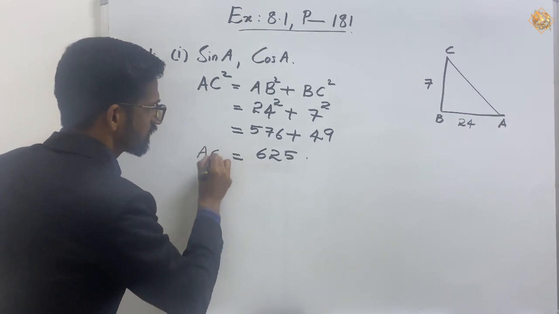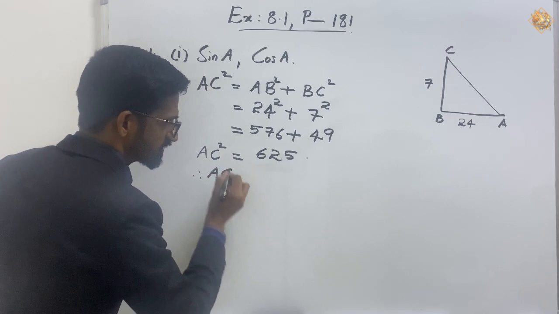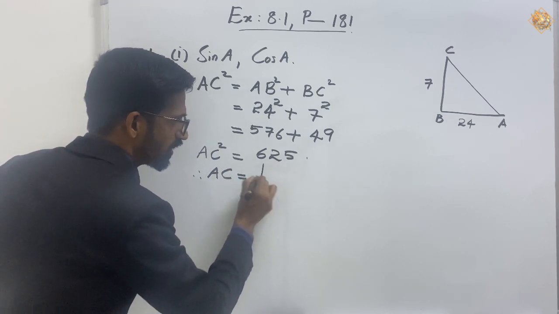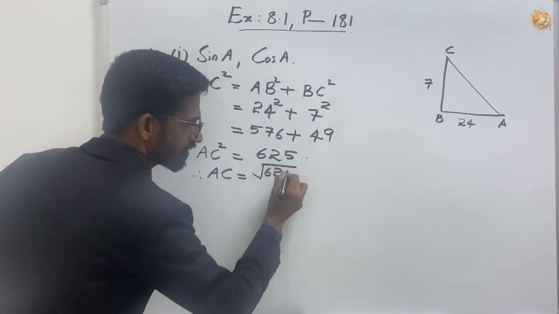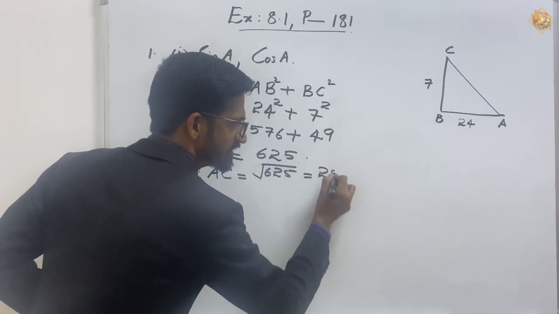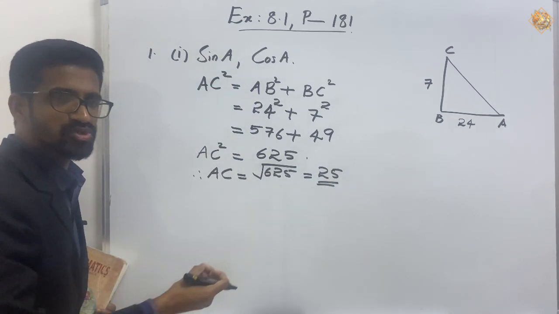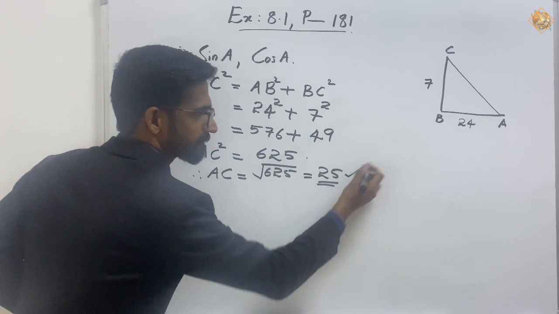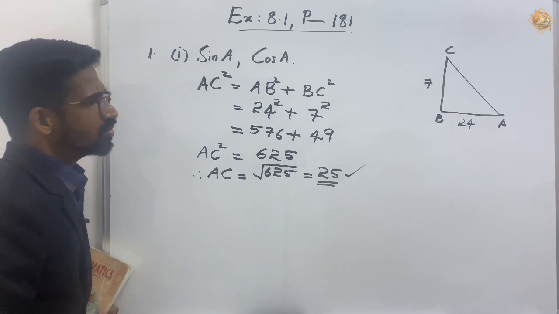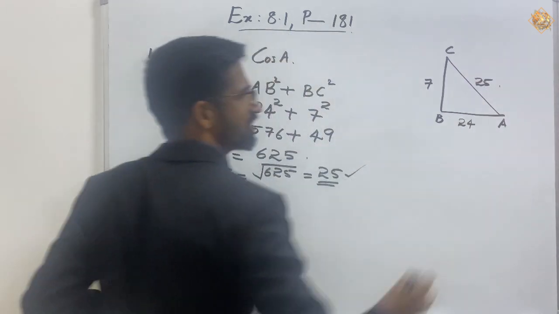AC square is 625, therefore the length of hypotenuse, that is AC, will be equal to square root of 625. Square root of 625 is 25, isn't it? That is 25 into 25 is 625. Okay students, now the length of hypotenuse we got, that is 25.